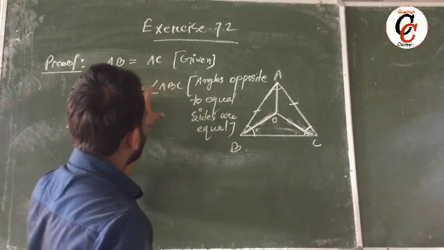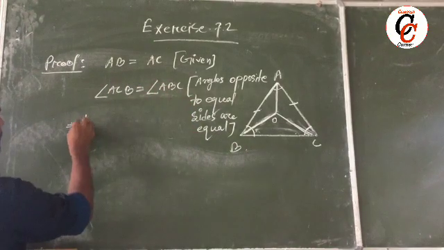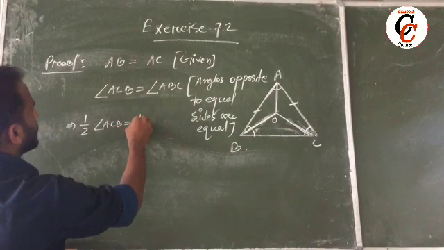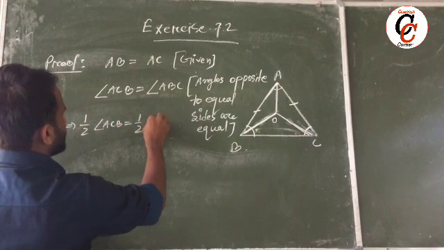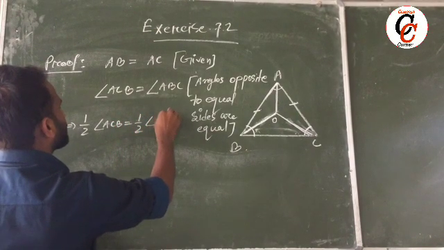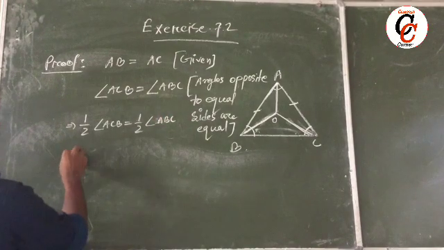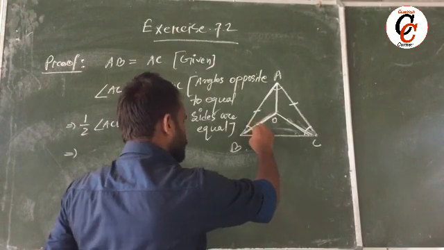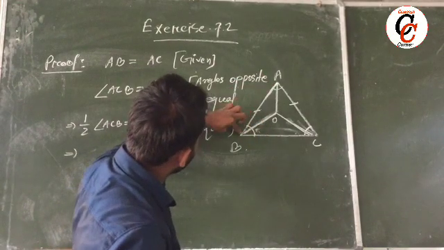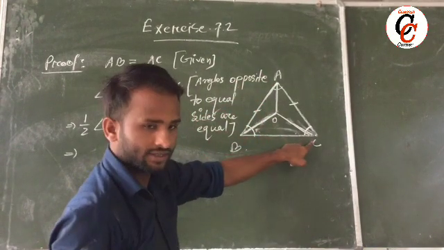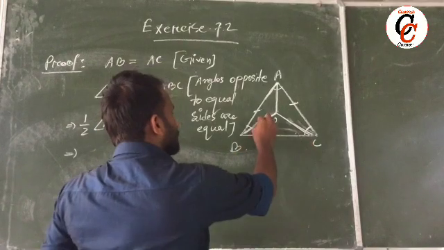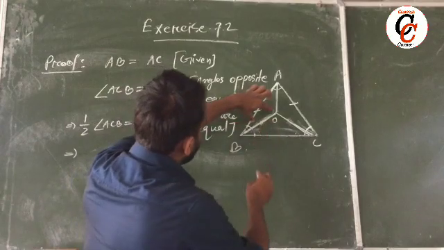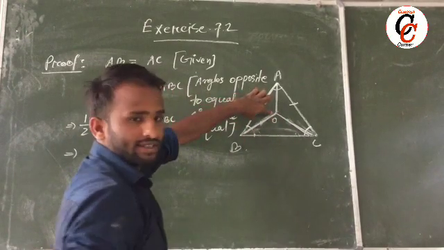Or if we take half both sides, half of ACB and half of ABC, that means these whole angles, we can write either ABO or OBC. Since we need these two sides, if we write angle OBC, then it will be easier for us.